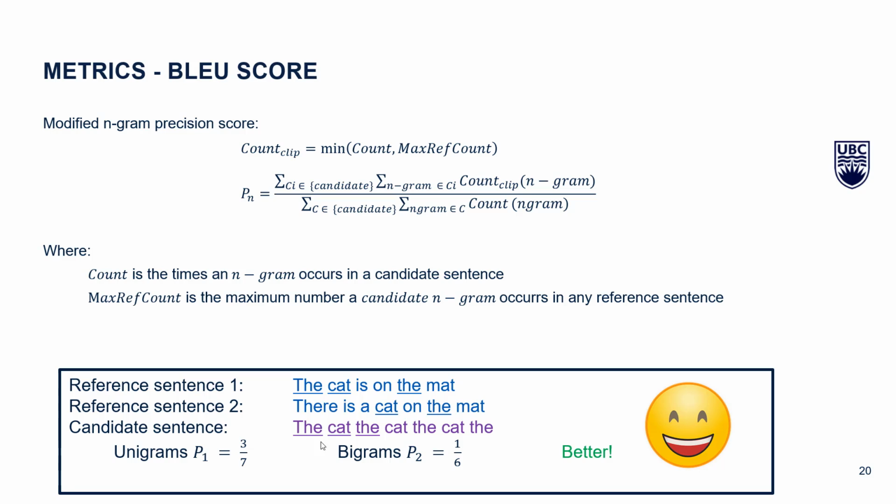We still have 7 unigrams in the candidate sentence. But now when we count how many times it appears in the references, we are limited to the maximum number of times it appears in a reference sentence. So the appears twice in reference 1 and once in reference 2, so we can count at most 2 thes. And cat only appears once in both reference sentences, so we can only count it once.